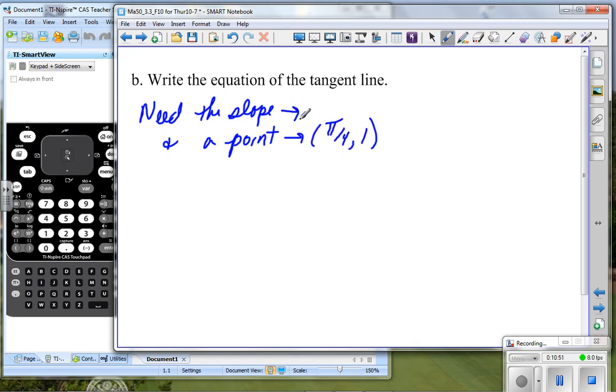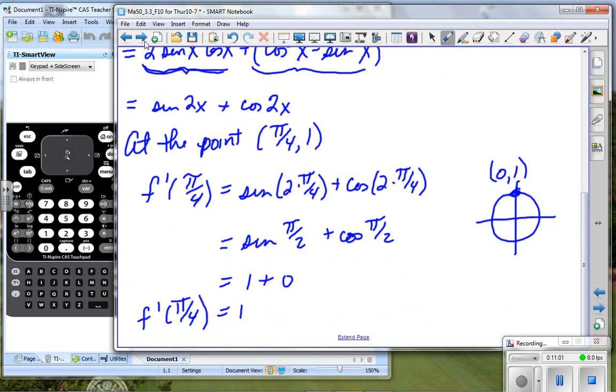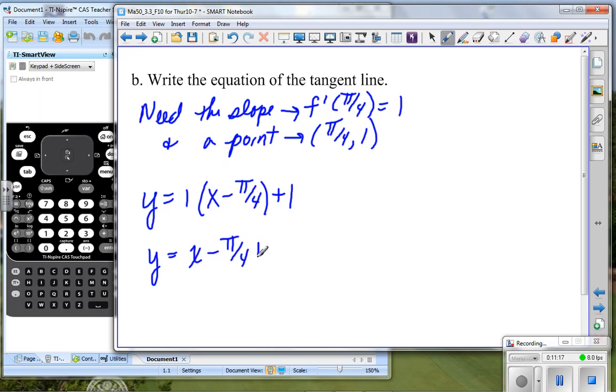And we have our slope as the derivative at pi divided by 4, which, as I recall, was 1. So the equation of this line is y equals 1 times the quantity x minus pi divided by 4, plus 1, or y equals x minus pi divided by 4 plus 1.